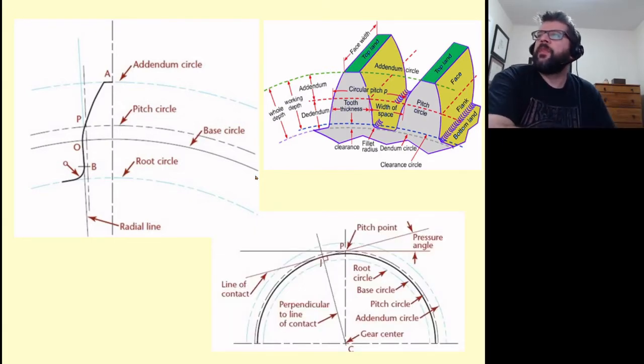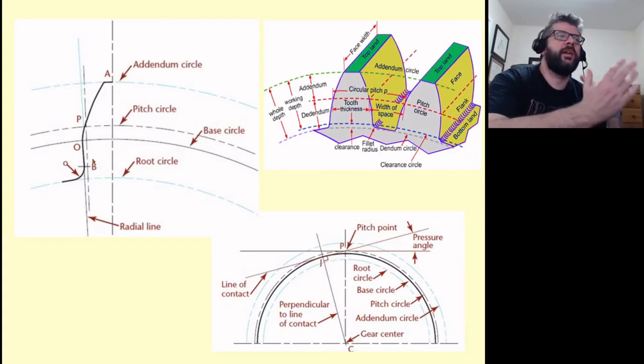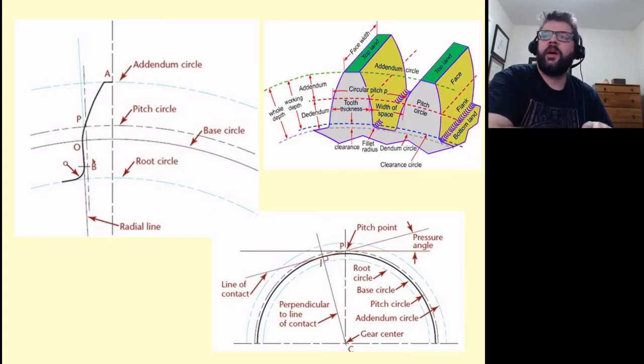One thing that is good about gear teeth with an involute profile is that as they come into contact, they mesh so that the contact between the two teeth causes a normal force at a constant angle.